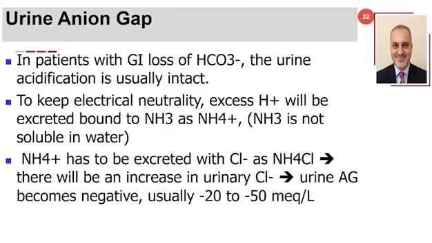Now, hydrogen ion in the kidney has to be excreted with ammonia. That gives you something we call ammonium, and the ammonium is going to be coupled with chloride. It goes as ammonium chloride, and that will result in a significant amount of chloride in the urine, so the urine anion gap becomes negative.